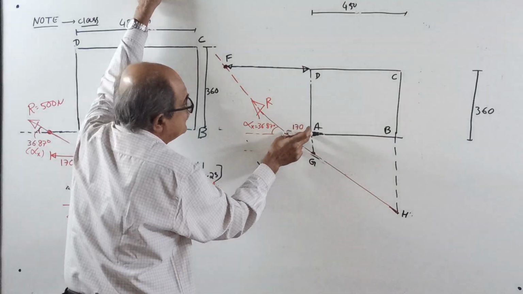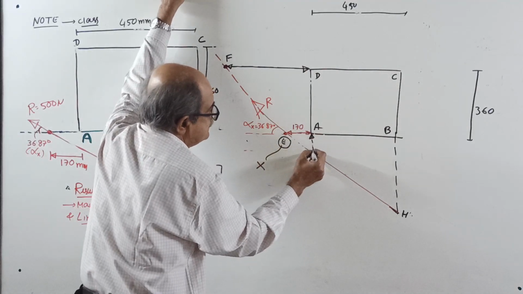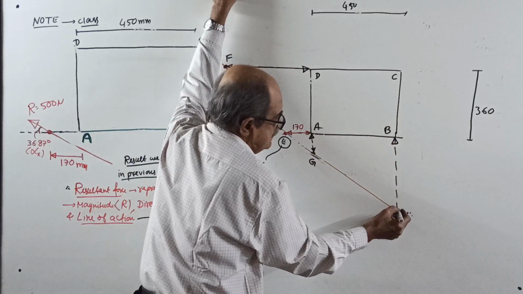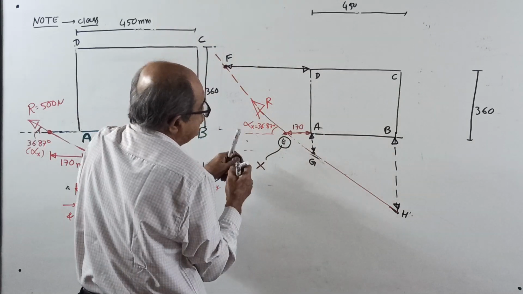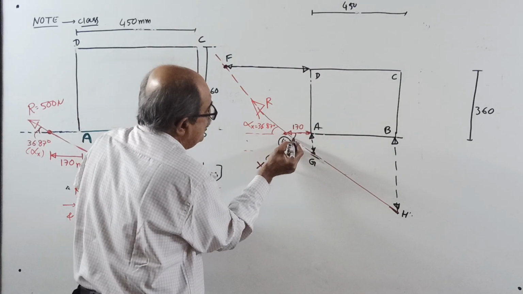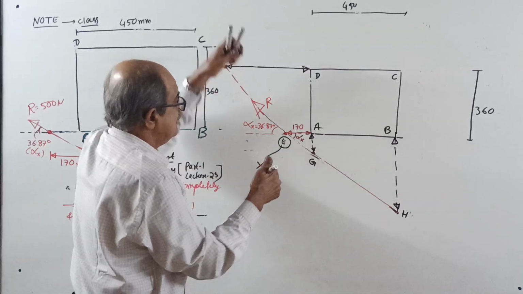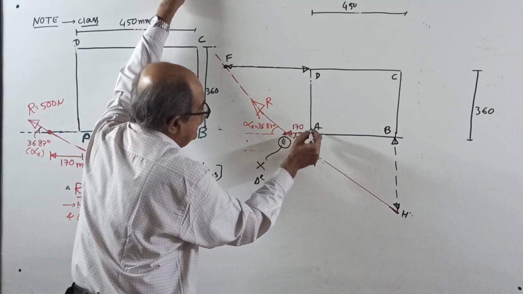If this is 170, what is this distance? I want this distance, and I want this distance. How to get it? If this is alpha x, you know this also is alpha x. That much mathematics you know. Therefore, consider the triangle EAG.